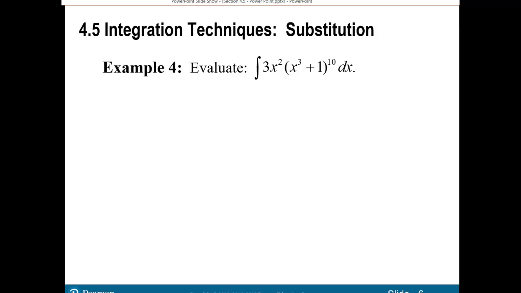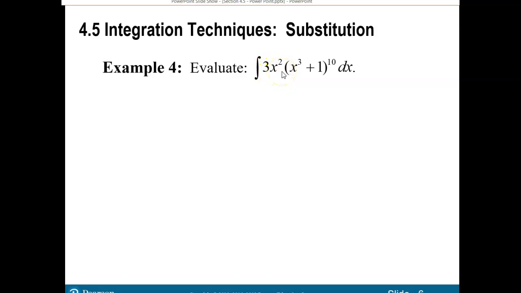All right, the reason that step is helpful is when I'm evaluating something like this: the indefinite integral of 3x squared times the quantity x cubed plus 1 to the 10th dx. We notice that the inside function x cubed plus 1 has derivative 3x squared.